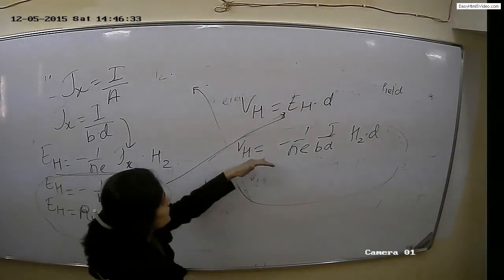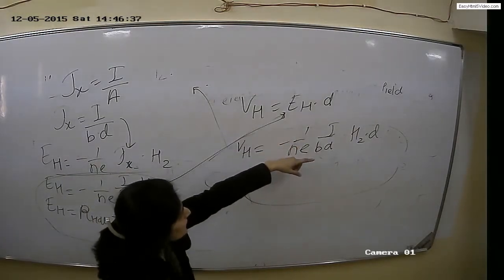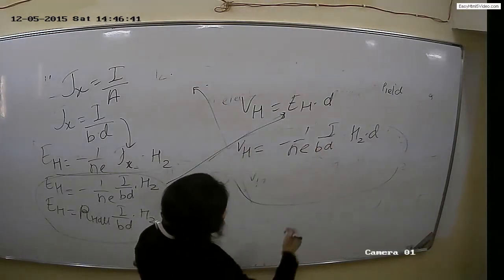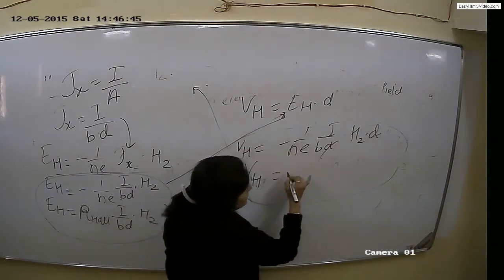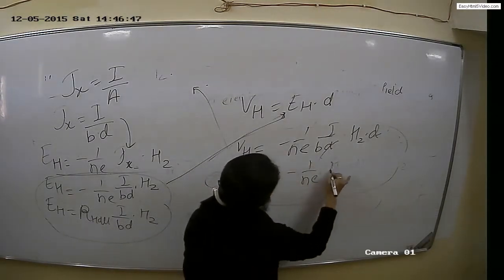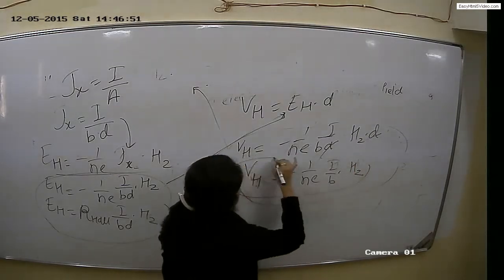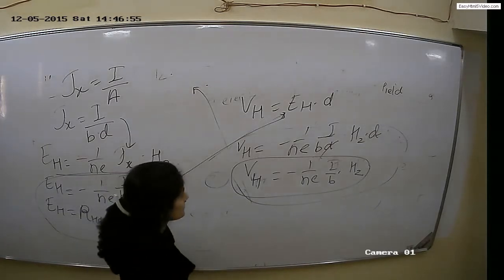D is already present here, so D will cancel out. We get another relation: VH is equal to minus 1 upon NE I upon B into Hz. This is another relation for Hall voltage.